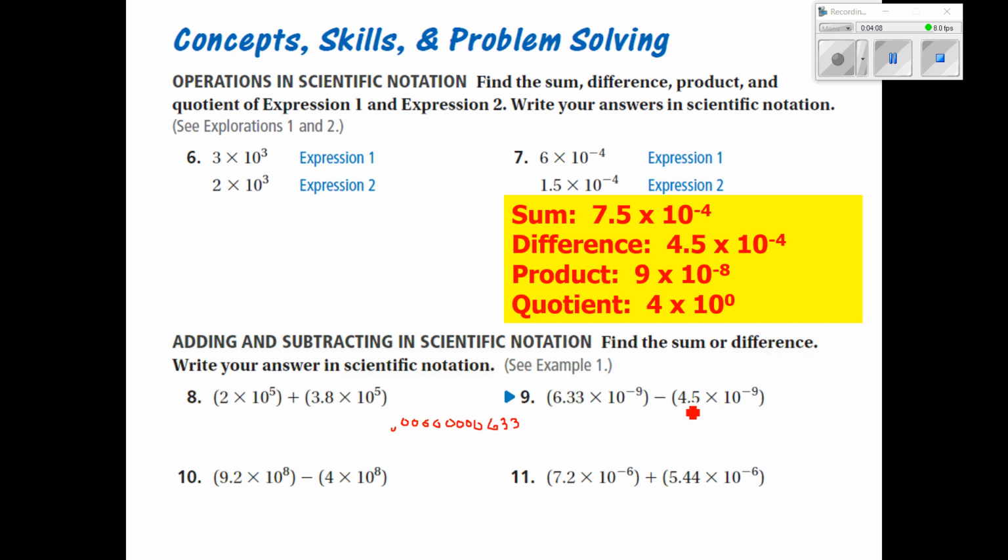Then this one is going to be 4.5, and then with 8 zeros, right? So this one's going to be 1, 2, 3, 4, 5, 6, 7, 8. Sorry about that last one.